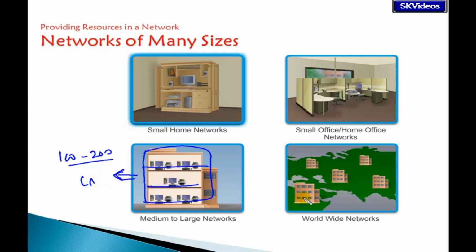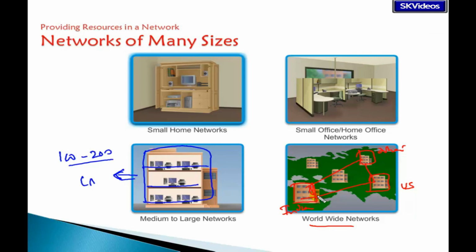And probably we can have some very big networks, like I have a branch office in India here, another branch office in Dubai, and probably one branch office in the US, and I'm connecting all these different locations. We call this a worldwide network, where I have all the branches connected to each other, and we are going to build a network.